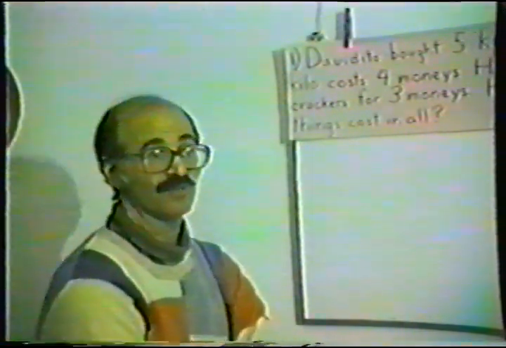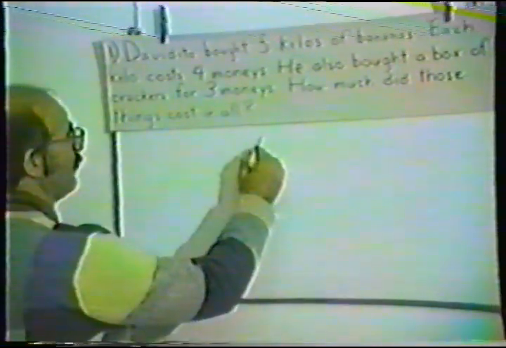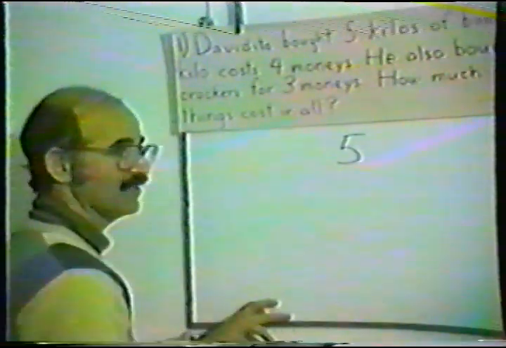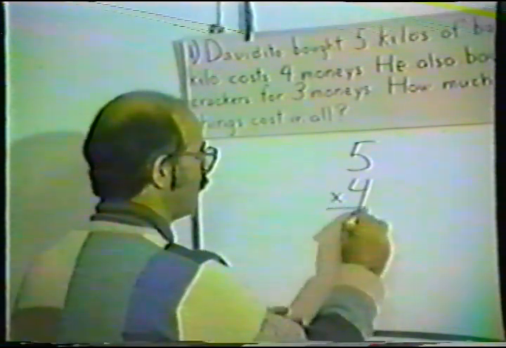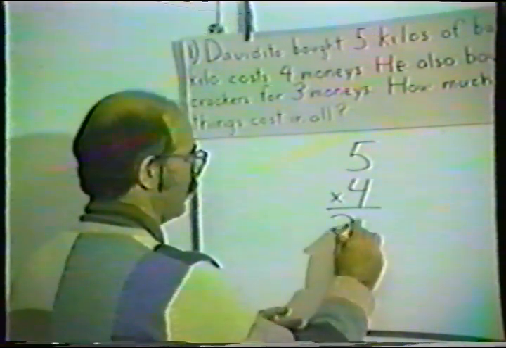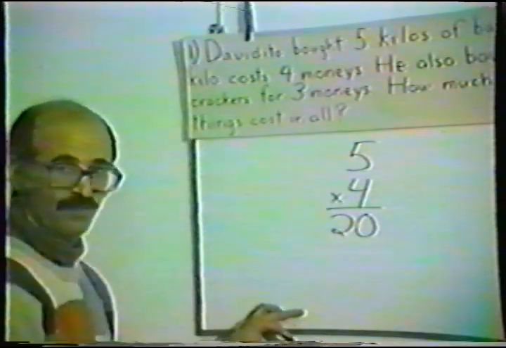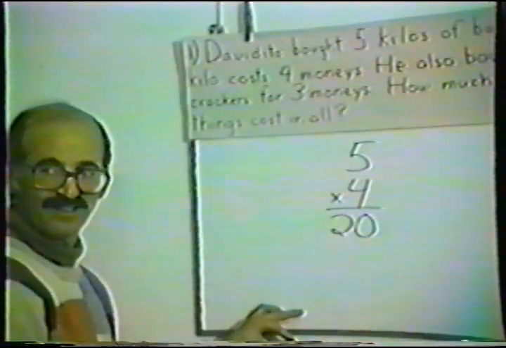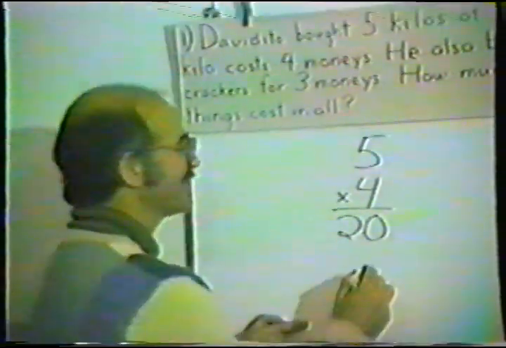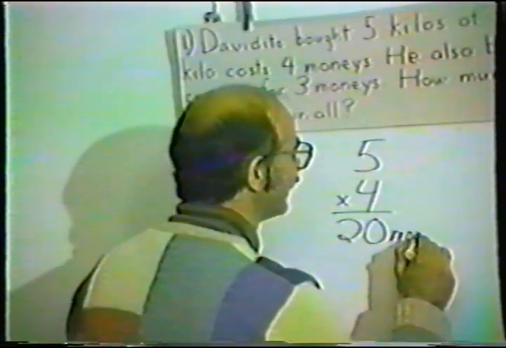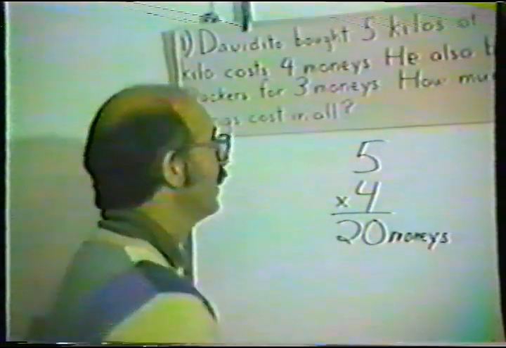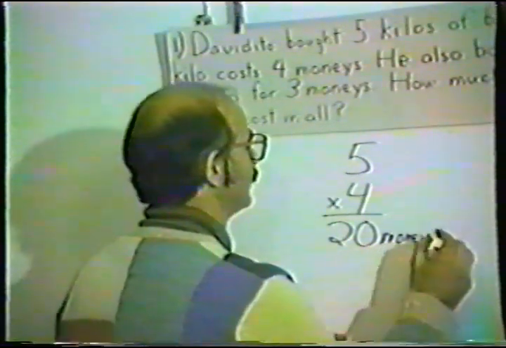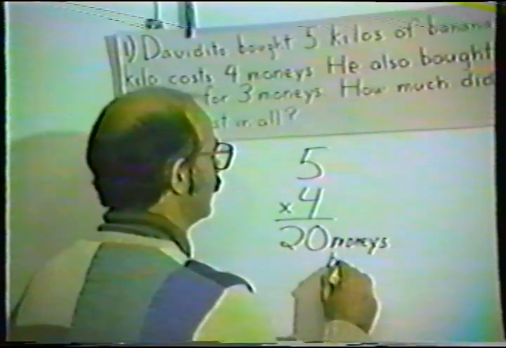It's time to multiply. 5 kilos each cost 4 monies. 5 times 4 is 20. 20 what? Monies. All right. That didn't take too long to catch on to. 20 monies, and that was the cost of what? The bananas. 5 kilos of bananas.